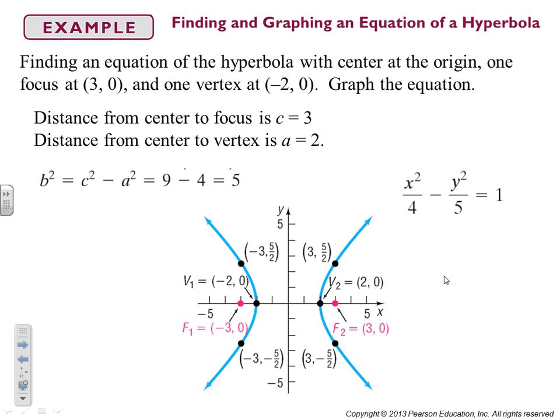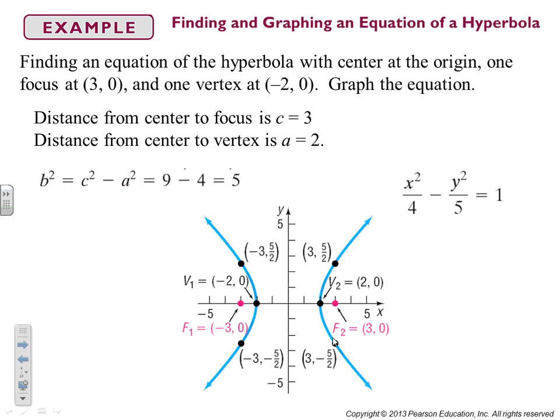When we graph that, we graph our focus at 3, 0. It's a matching focus at negative 3, 0. Our vertex at negative 2, 0, and its matching vertex at 2, 0. Then we plug in 3 for x here and solve, and we get y is equal to 5 halves.